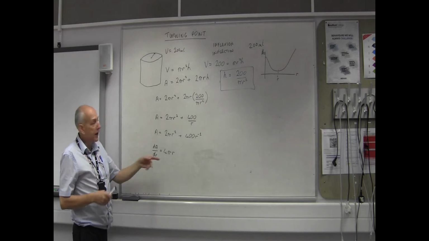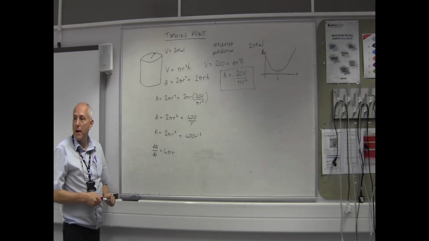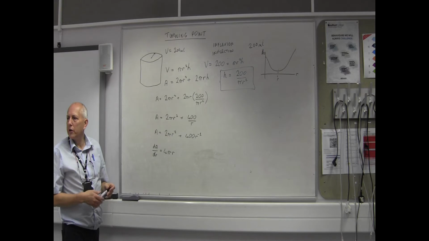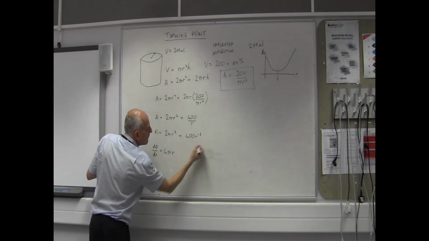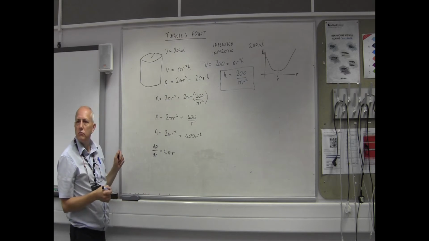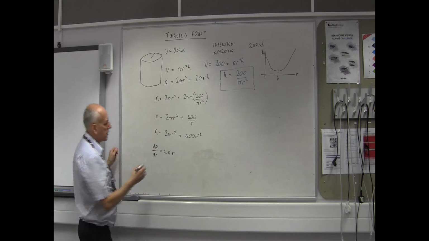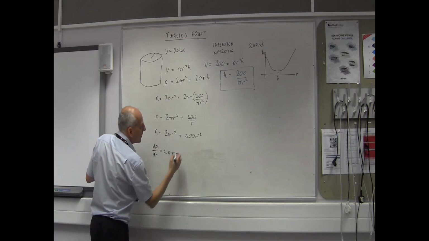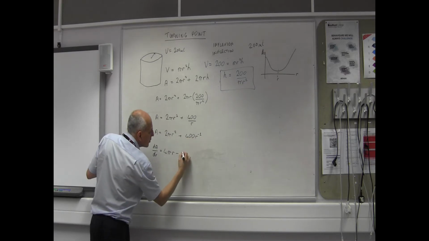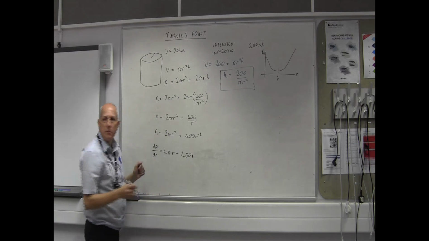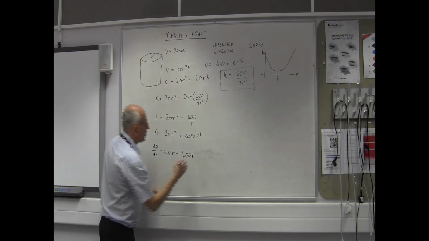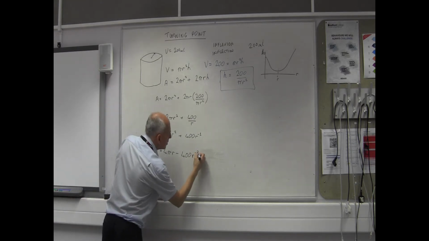Well, you could multiply it in if you want to do the maths, but there's no point, it just makes it confusing. And this one, differentiate that, what will I get? Minus 2. Yeah, it's going to change this to minus 400 r. What's that going to become? Minus 2, yeah, minus 2.